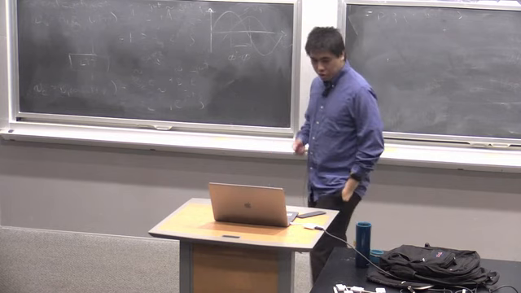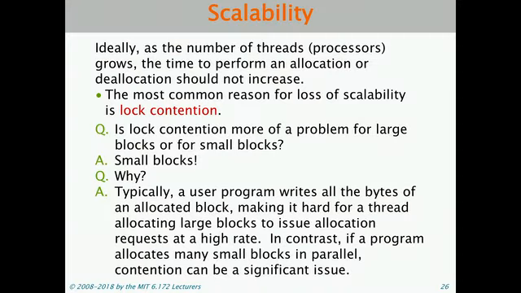Yeah, so one of the reasons is that when you're doing small allocations, your request rate is going to be pretty high, and your processors are going to be spending a lot of time acquiring this lock, and this can exacerbate the lock contention.